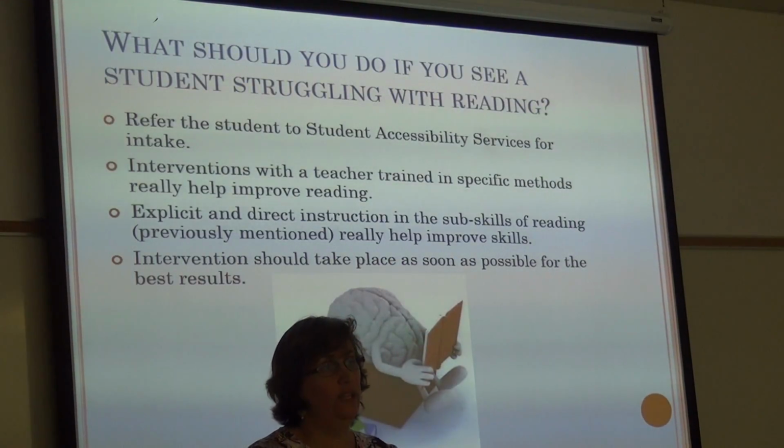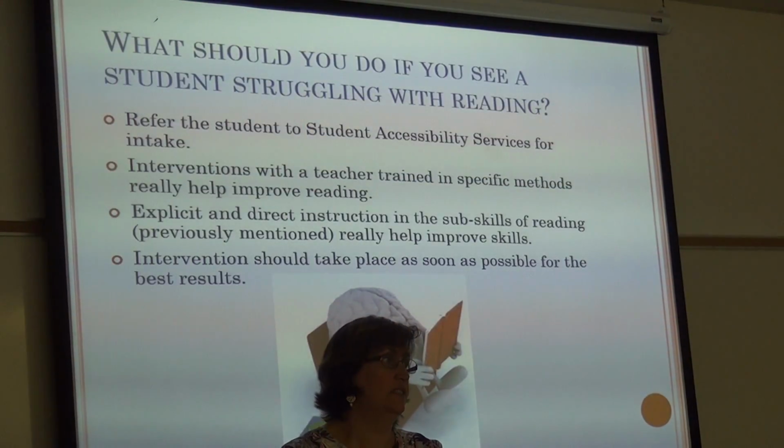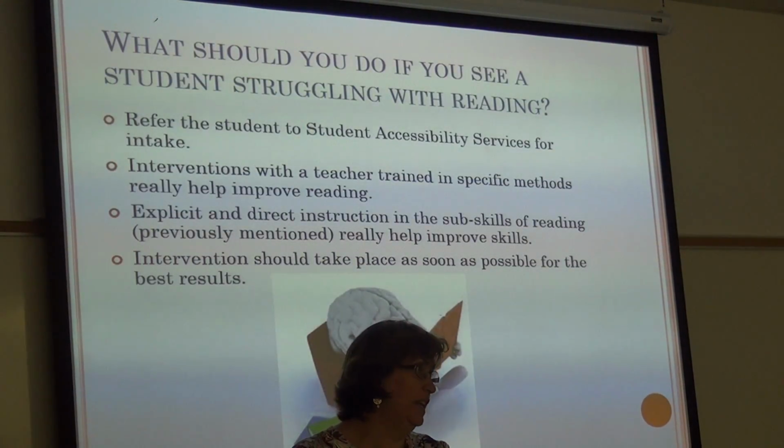And if we can get a student referred to accessibility services for screening, potentially testing, and potentially accommodations and tutoring, then that will help us really hone in on the student's specific learning needs, and we can get those learning needs met. Okay.